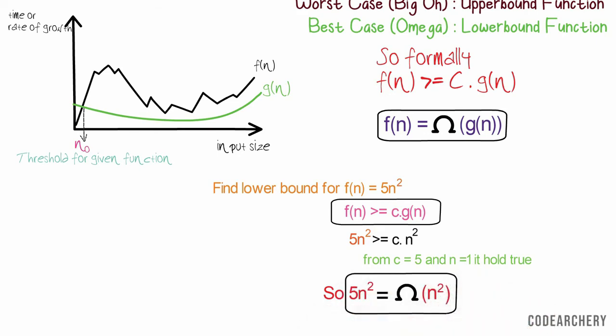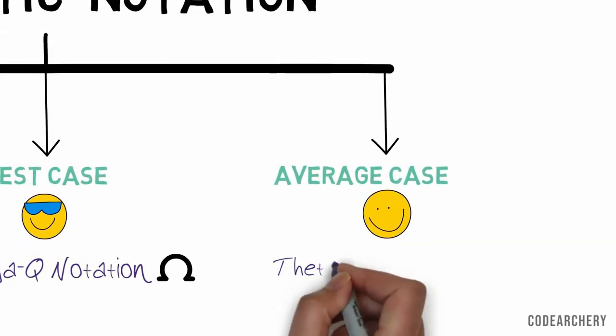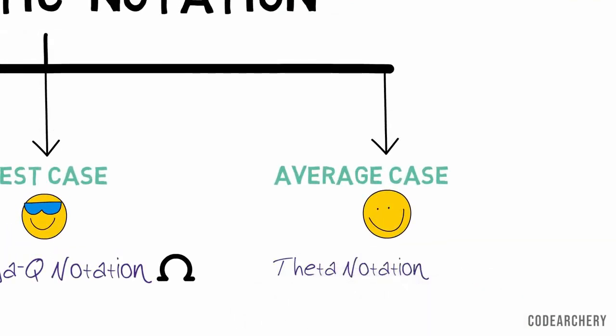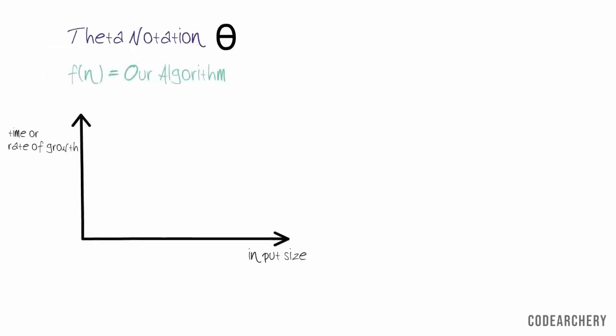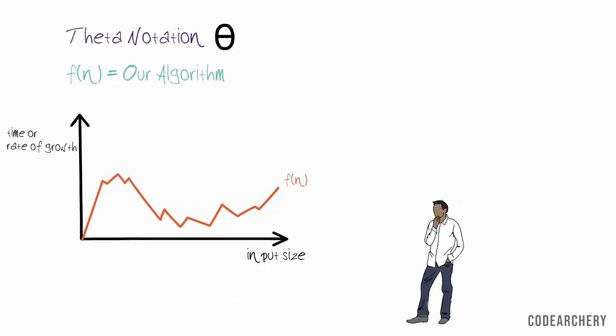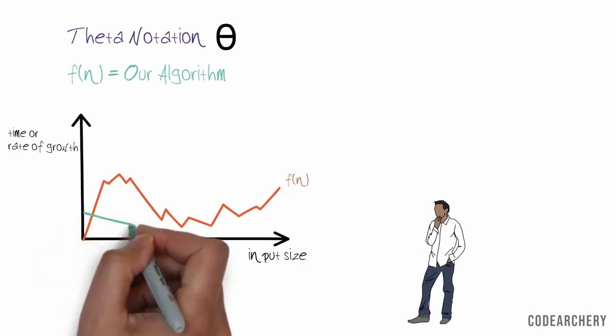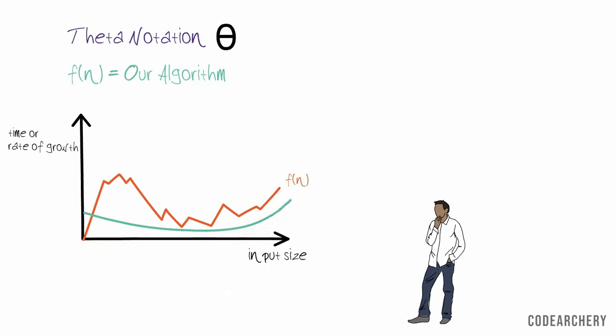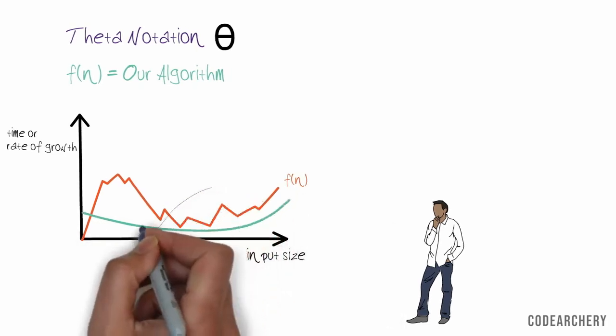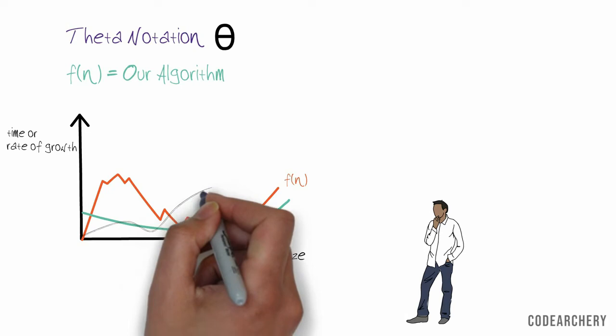Now let's see our final case, that is average case. We denote average case with a theta. So again, f of n is our function and we have plotted the graph. Now for worst case we have used upper bound, and for the best case we have used lower bound. But now for average case, what do we do? For average case we try to find a function which can upper bound it and lower bound it as well.